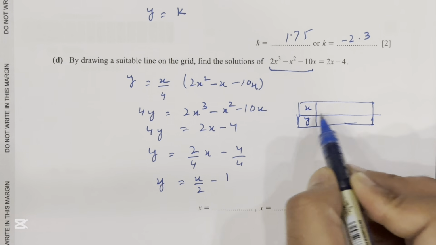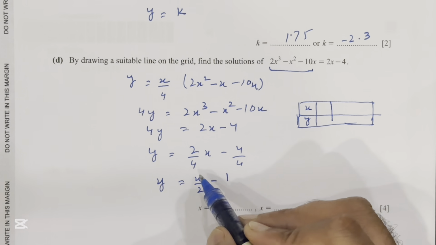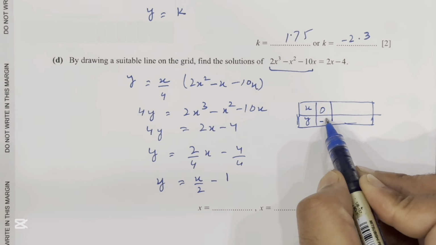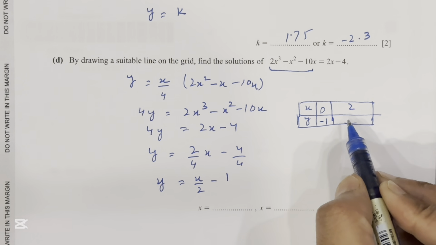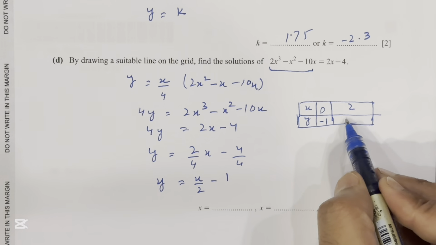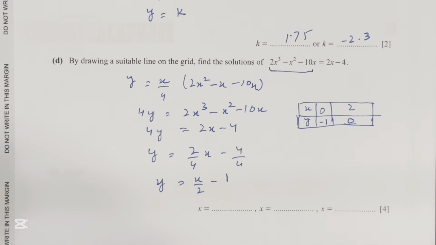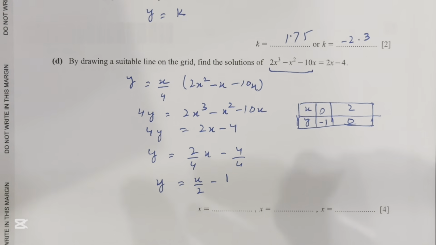You can write x over it. If I put 0 over here, our answer would be minus 1. If I put 2 over here, 2 by 2 is 1, minus 1, that would be equal to 0. It means we only need 2 points because this is a straight line.